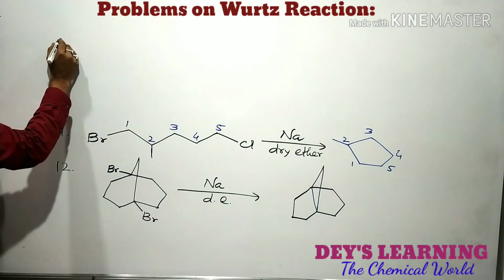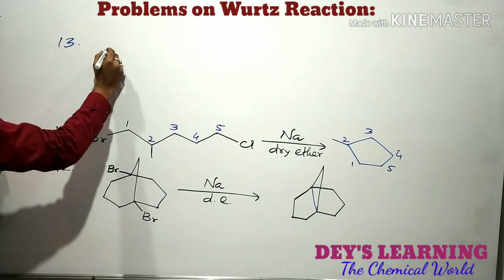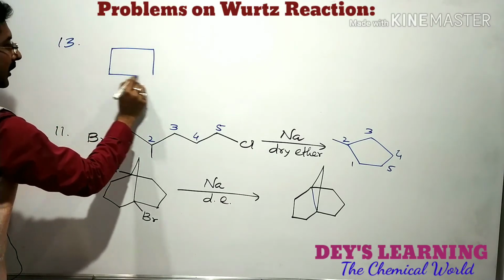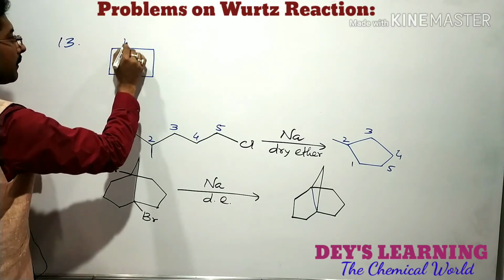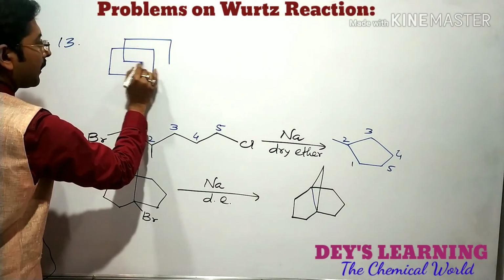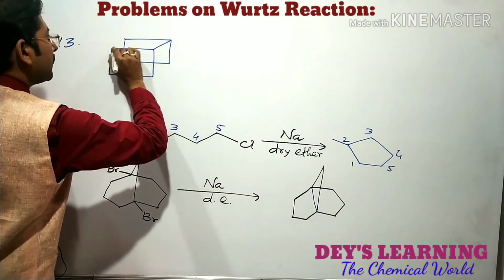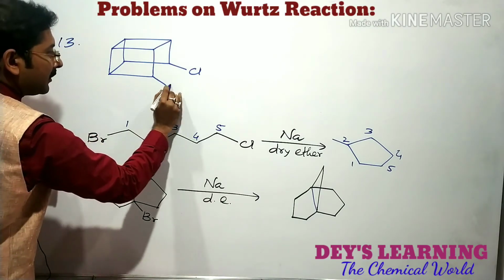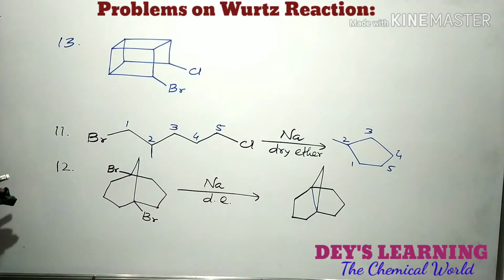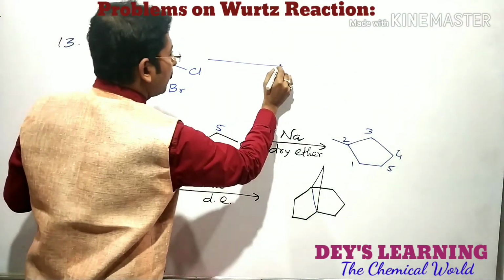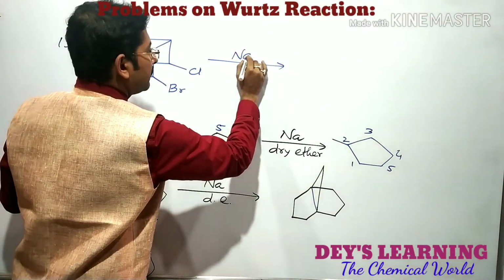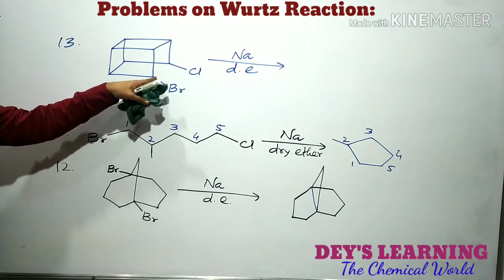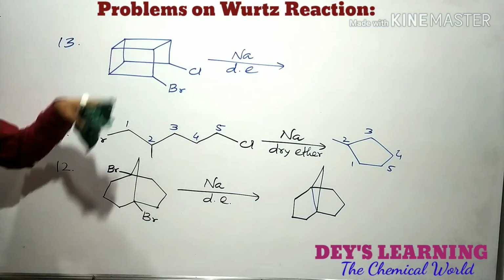Next, example number 13. If we have a molecule like this, here is your chlorine, here is your bromine. If we treat this molecule with sodium in dry ether medium, of course this bond will be formed.